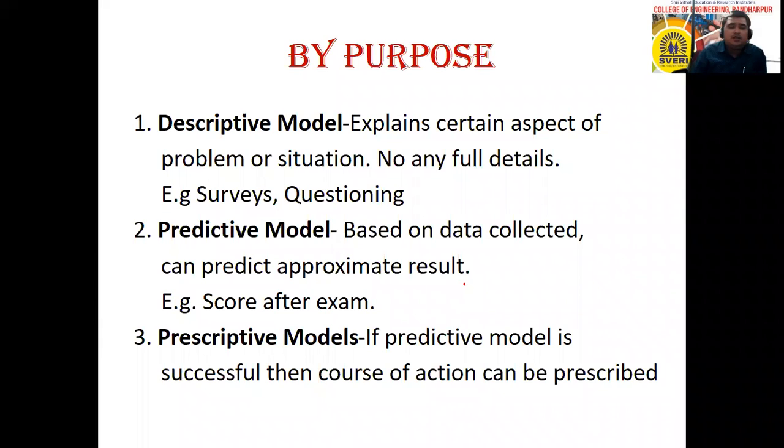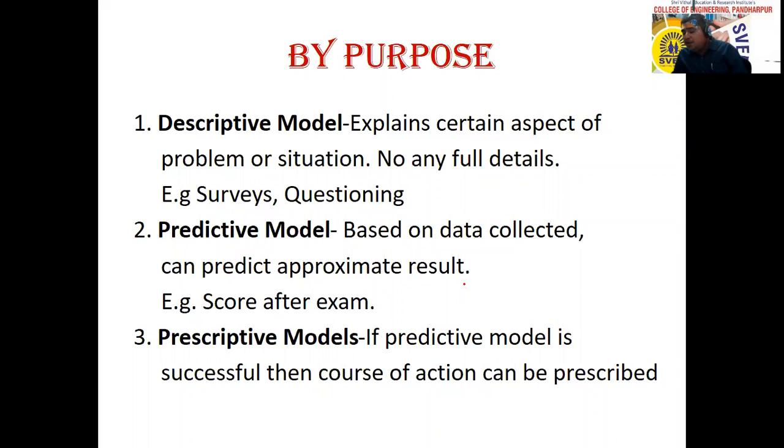After the actual results are declared, if you get 58, 59, 57 or 56 marks, near your prediction, then you can prescribe things. You can work out the details: I have written this much answer, that's why 2 marks may be lost here, this answer may be wrong, this problem may be wrong. That prescription should happen once your predictive model is successful.